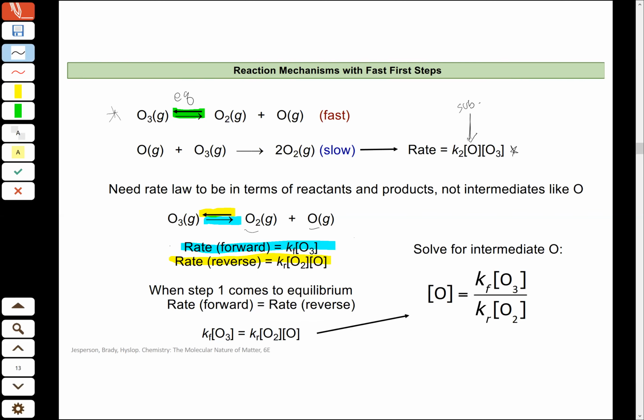So now I have rate laws for the forward and the reverse reaction of this reversible reaction that we have in step one. And when this is at equilibrium, we stated dynamic equilibrium, our rates are going to be equal.